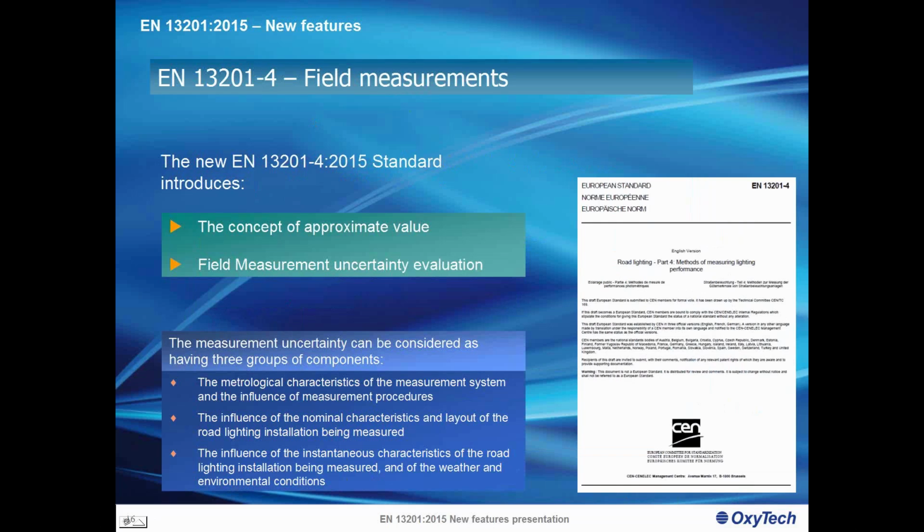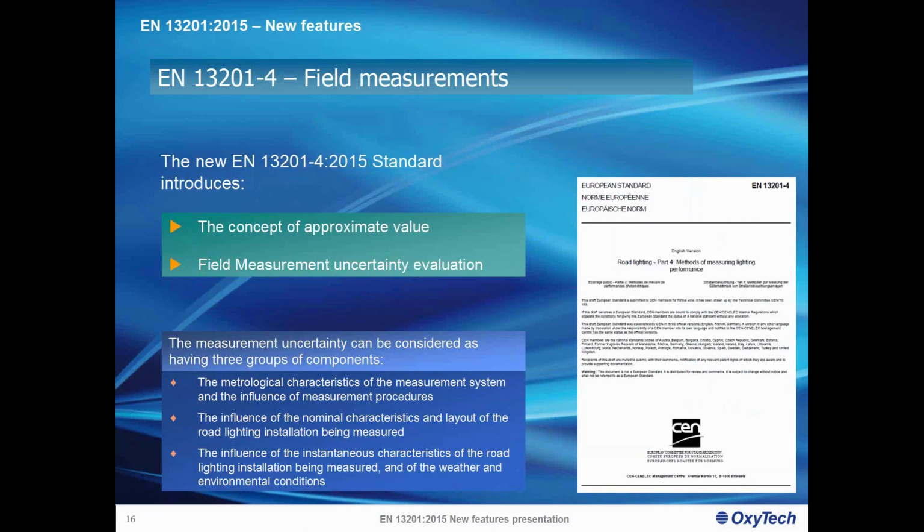Here we have summarized some of them, the main ones. So, for example, the metrological characteristics of the measurement system, so the luminance meter or the lux meter that you're using to perform your measurements, and in case the influence of the measurement procedure.